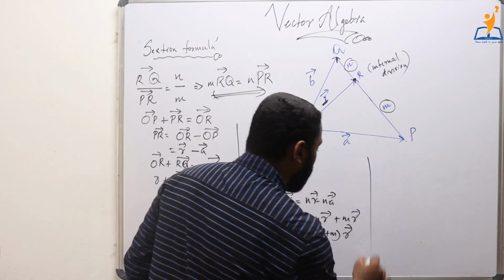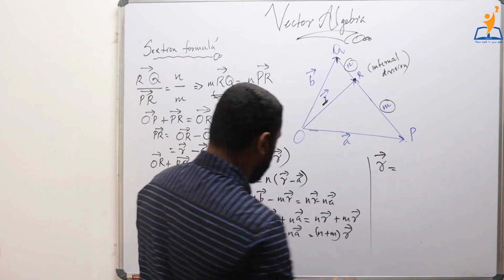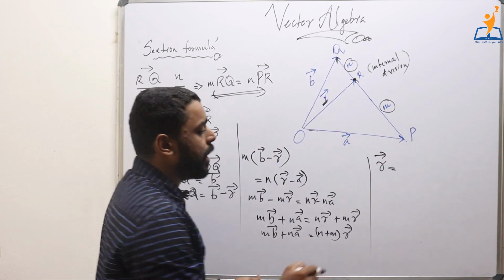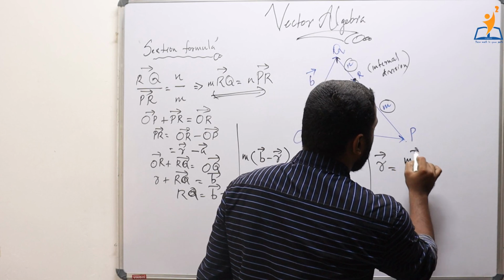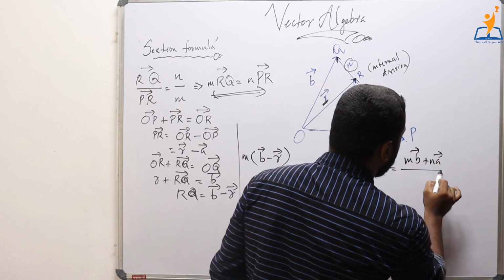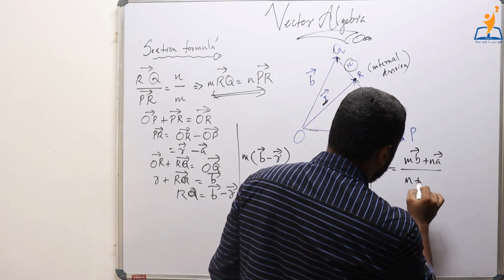So, we have vector R is MB plus NA by N plus M. MB plus NA divided by N plus M.